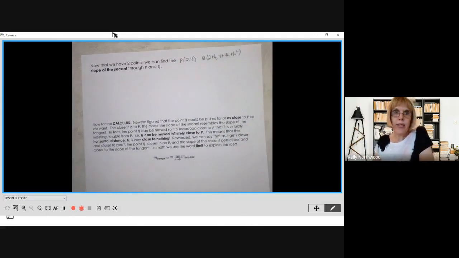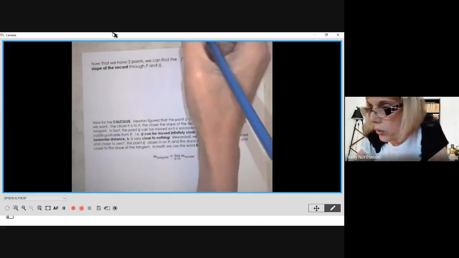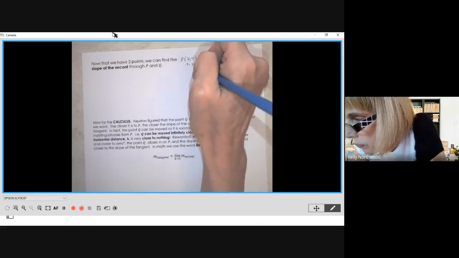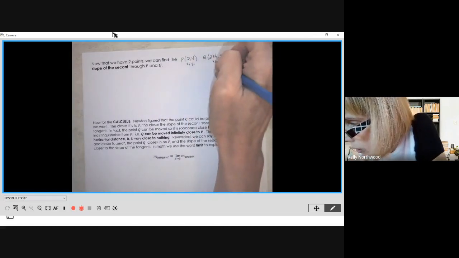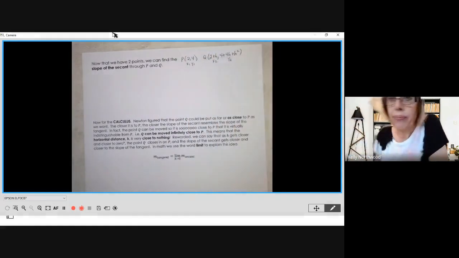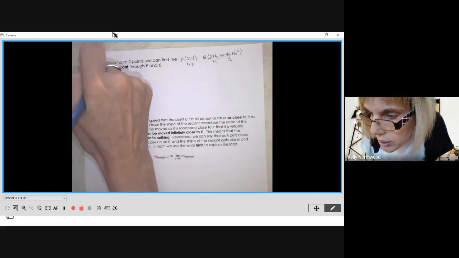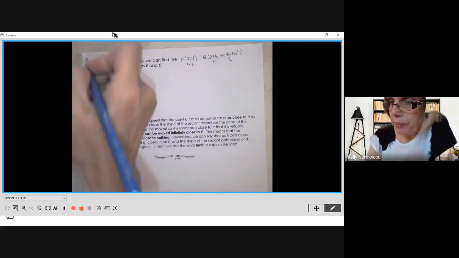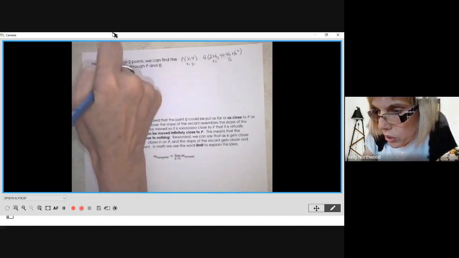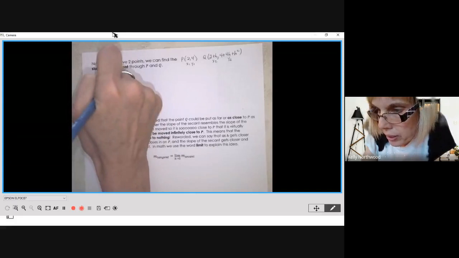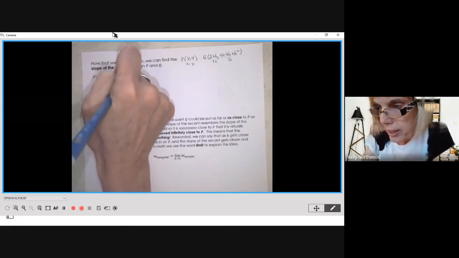All right, so to get the slope of the secant, we're just going to do grade 9 math here. P is going to be our (x1, y1), and Q is going to be our (x2, y2). And the slope of the secant, which is the slope between P and Q, is y2 minus y1. It's our slope formula from grade 9 over x2 minus x1.